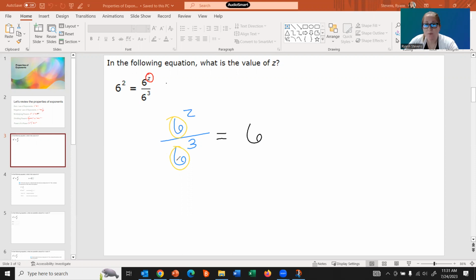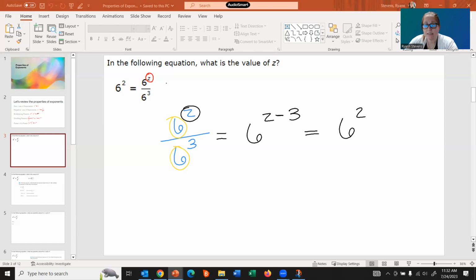But now what we can say is we can take these exponents here. So we can take z and we can subtract 3 from it. And what we should get from this equation is 6 to the power of 2. Now, the question's asking us, what is the value of z?